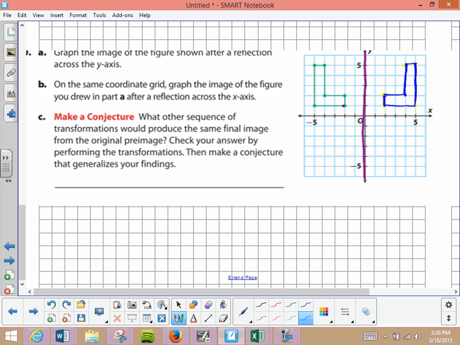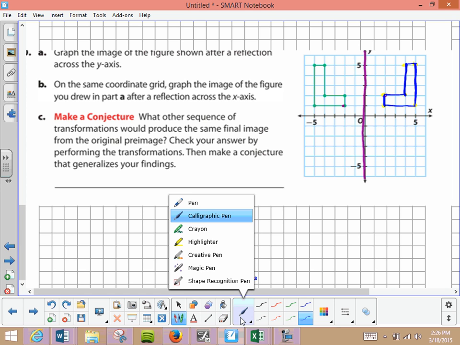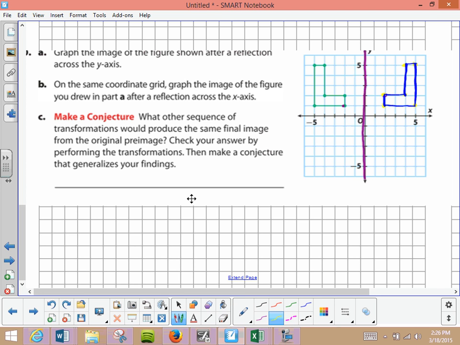Which one is the image? The blue one, right? So in part A, yeah, but that's the only image we have, right? After a reflection across the x-axis. Where are we crossing now? Now we're crossing the x-axis. We're going to go back over here and highlight the x-axis to tell us we have to cross that thing.